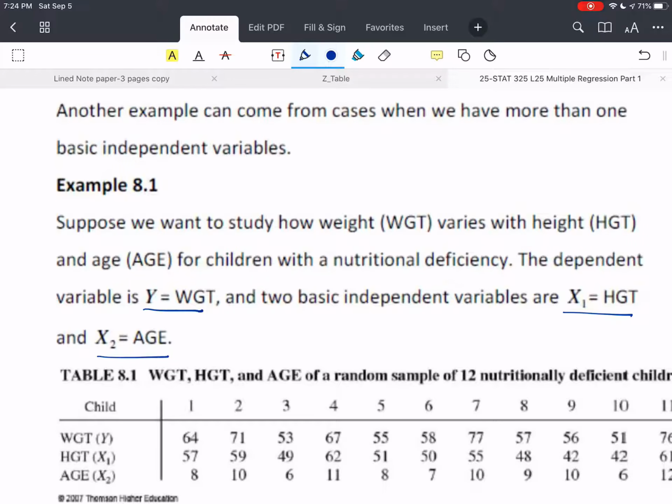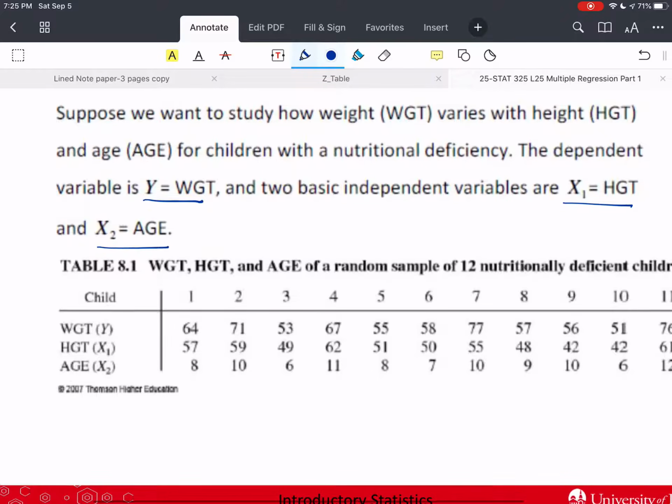Okay? So you say, well, are height and age really independent? It can be, yes, because not everybody grows to the same height, but we're going to consider height and age independent.